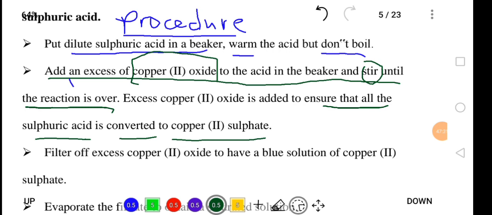If we fail to remove all the hydrogen ions from the acid, we are going to prepare what we call an acidic salt. But we are not interested in an acidic salt, we are interested in a normal salt, which is going to be a neutral salt. So we need to make sure that copper 2 oxide is in excess to ensure that all the hydrogen ions are displaced from the acid.